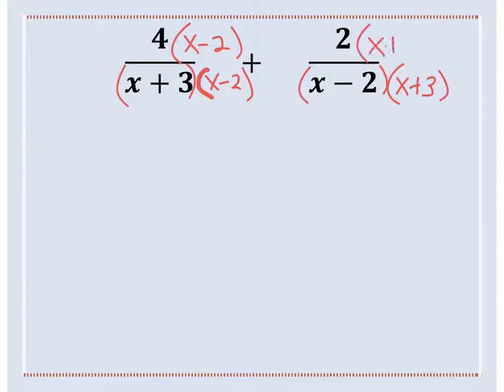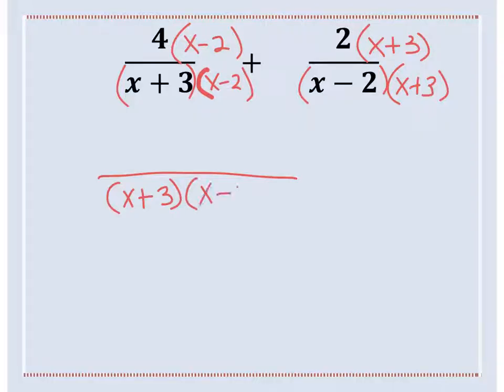And if I do it on the bottom, I must also multiply it on the top. By doing this, I have created a least common denominator. So my least common denominator is x plus 3 and x minus 2.